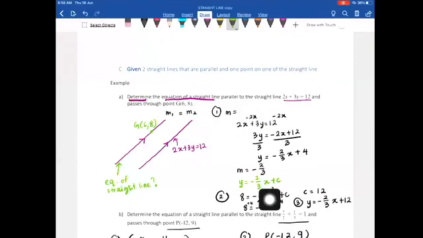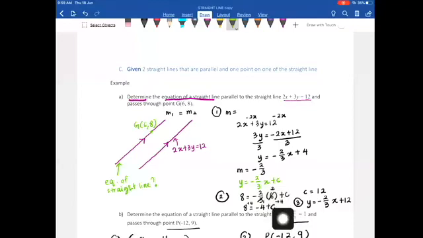Saya substitute point G sebab G ni berada di atas straight line ni. So I substitute point G into my equation yang saya dapat dekat 1. Alright. So I substitute into and then I dapat C. Okay, so that is what I did. The same thing I did in B.